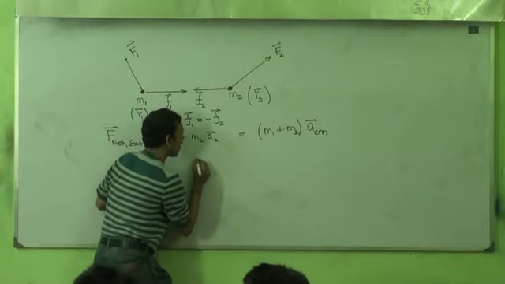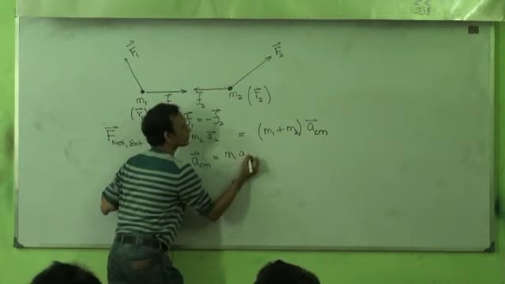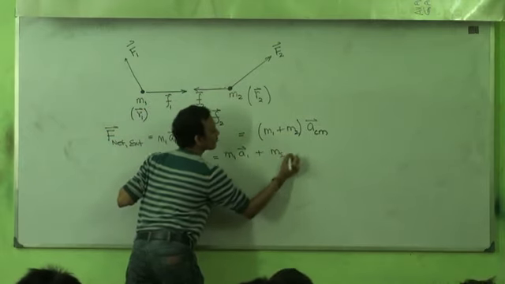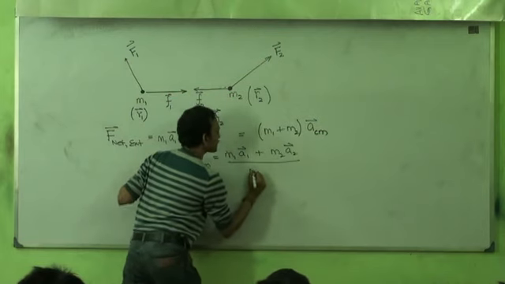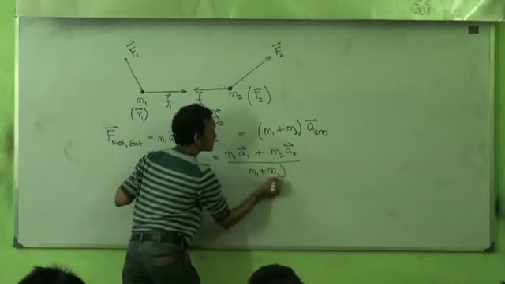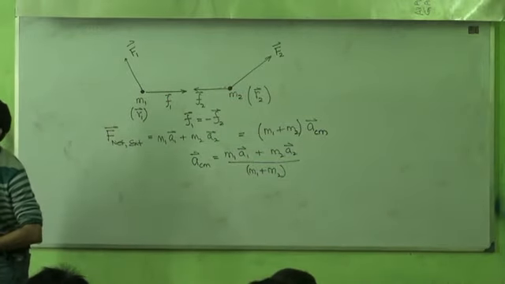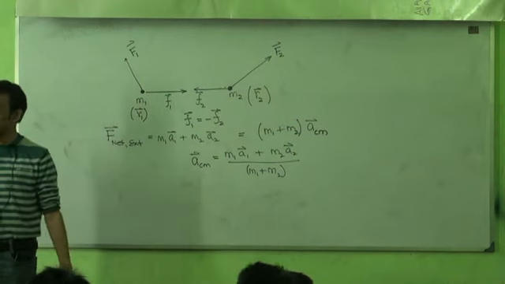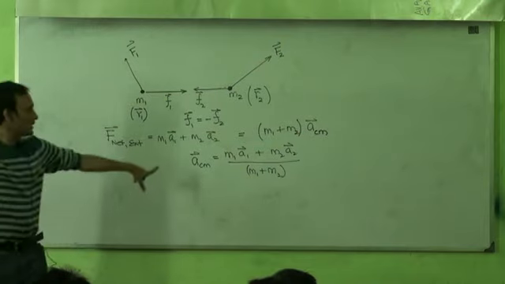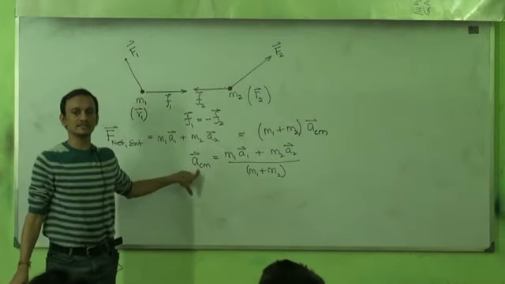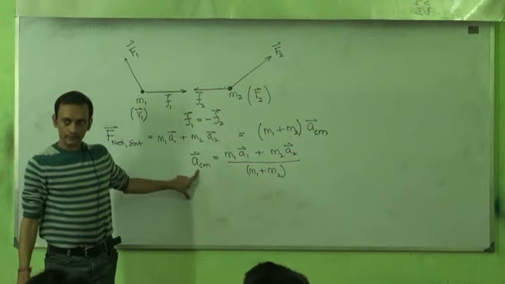This ACM is the acceleration of the center of mass. That means this collection could be replaced by one single particle having mass M1 plus M2 and having an acceleration ACM. Right?